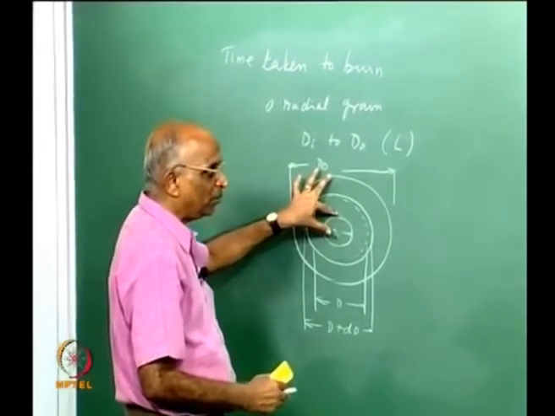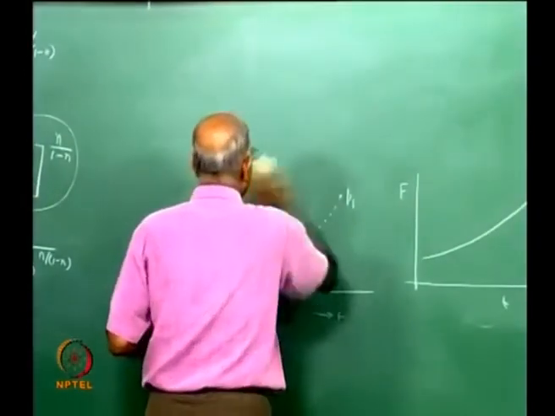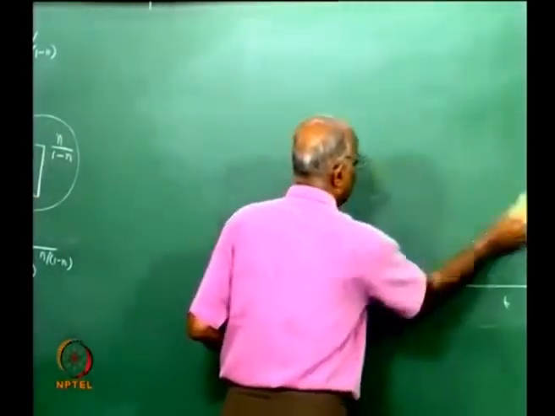Let us say the time taken for burning is Tb, where b denotes the burn time.